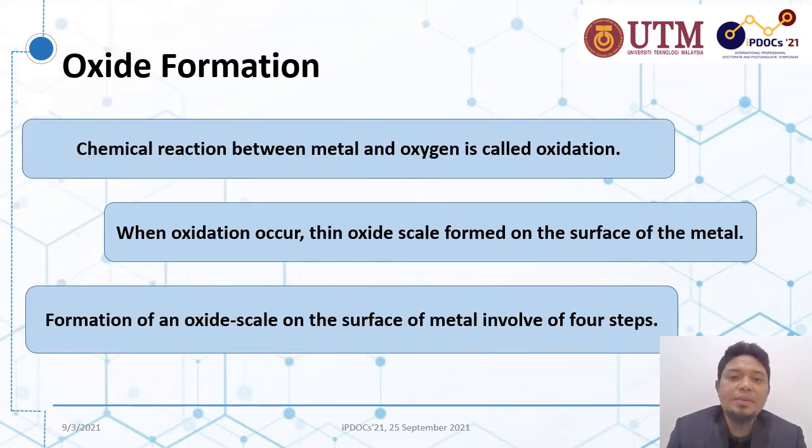Oxidation is a chemical reaction between the metal itself and the oxygen, mostly coming from the atmosphere. When this oxidation occurs, a thin oxide scale forms on the surface of the metal. This formation can be roughly categorized in four steps.